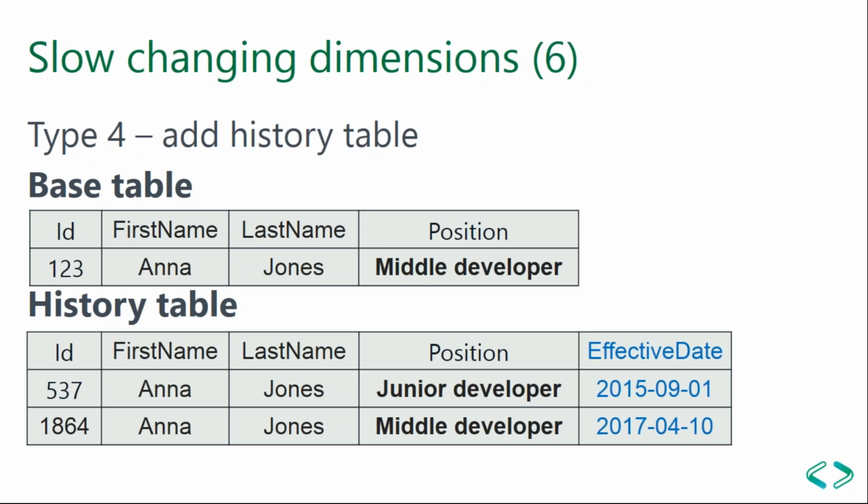It will be much easier for you to find the current value from the base table and to get all history from the history table. If you don't have the current value in the history table, to get all the history data, you need to union these two tables. And it could not be very convenient to make a union between two tables.